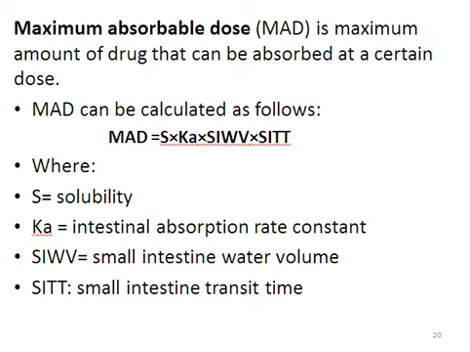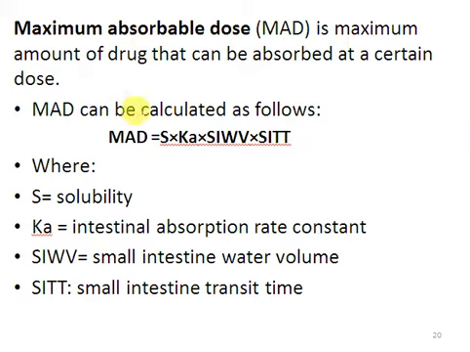Once you have taken the drug and it is inside your body, you have to calculate the maximum absorbable dose, right? Suppose you have given 500 mg of a drug and you want to know how much of it is actually absorbed. You can calculate that, and this is known as the maximum absorbable dose. The maximum absorbable dose, also known as MAD, is the maximum amount of drug that can be absorbed at a certain dose.